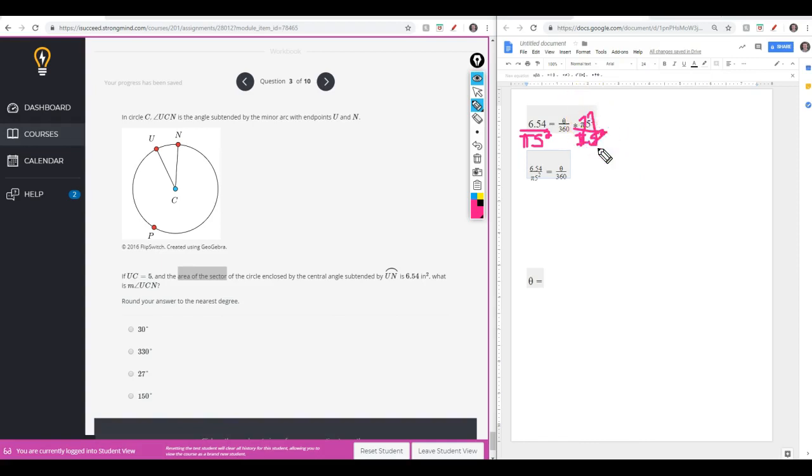Same quantity divided by same quantity always reduces down to 1. So 1 times 1 is 1, and 1 times theta divided by 360 is theta divided by 360.